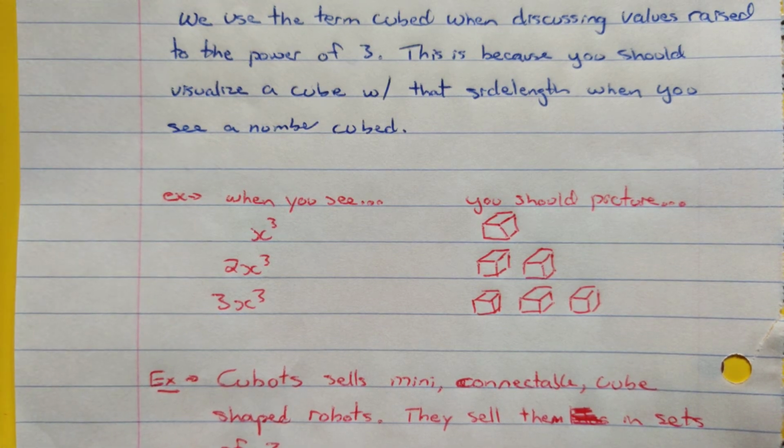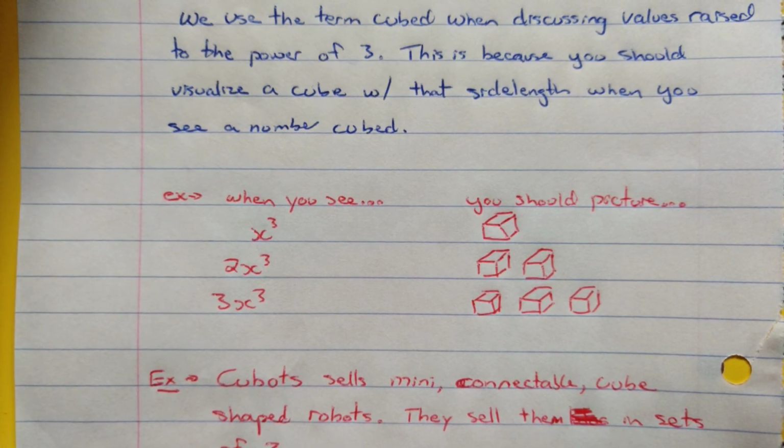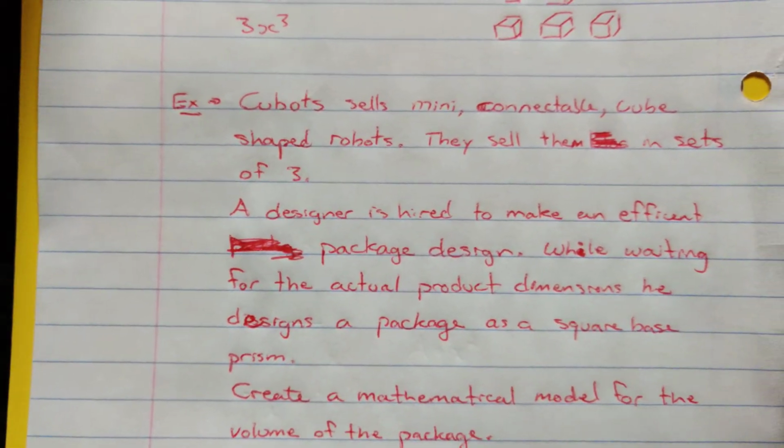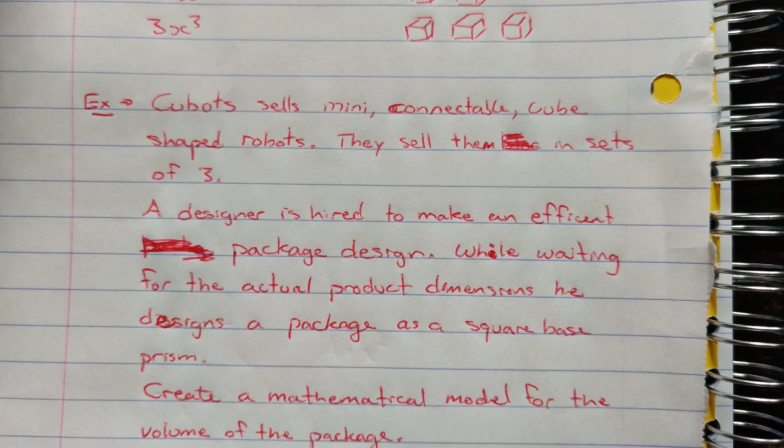So that's what we're doing here. So now we have a situation to work with. There's a company called Cubots, and it sells mini connectable cubed-shaped robots. I've seen things like these. They're pretty cool, and they can do some cool stuff. They can connect together, and then each robot can become an arm or a leg or whatever it needs to be in the case of the robot.